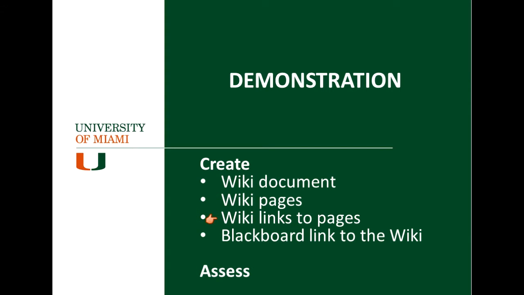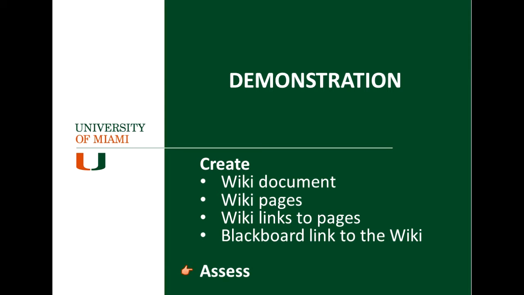I'm going to link from the home page to the secondary pages. And then I'm going to go into Blackboard and make the link to the wiki. And then I will go out and show you the activity that it's collected from my doing those things.